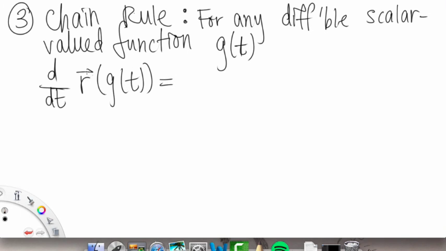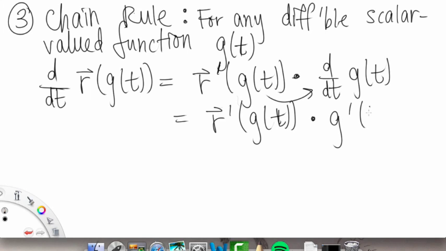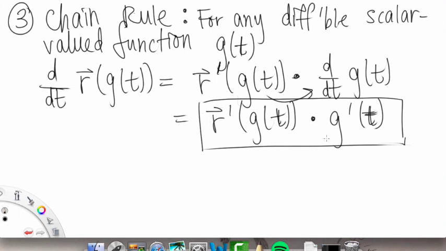Basically you differentiate the outside while keeping the inside function the same, and then multiply that by the derivative of the inside, g prime of t, which turns out more nicely to look like r prime of g of t times g prime of t. So we keep the inside the same and tack the derivative of the inside on at the end. This is like the chain rule, now dealing with vector valued functions along with scalar valued functions.